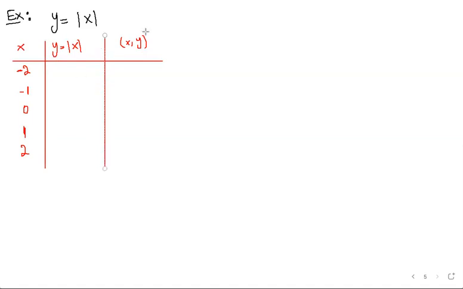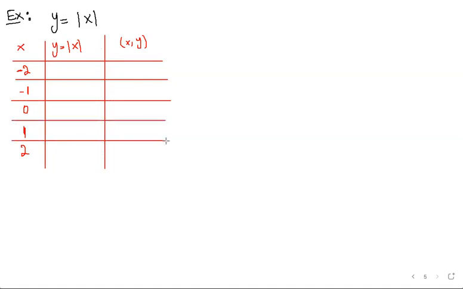So the absolute value for -2 is 2. So the point is -2, comma 2.